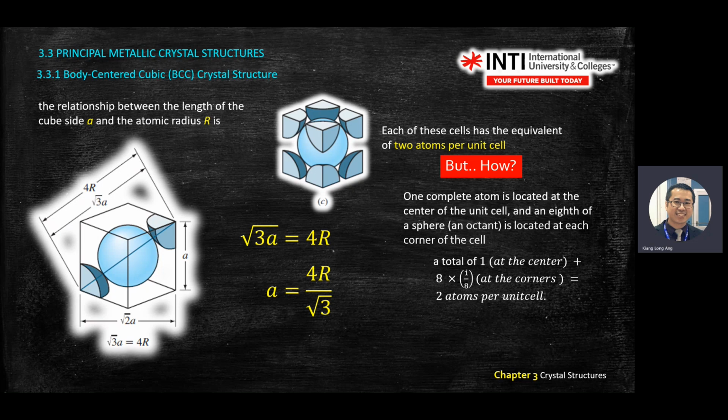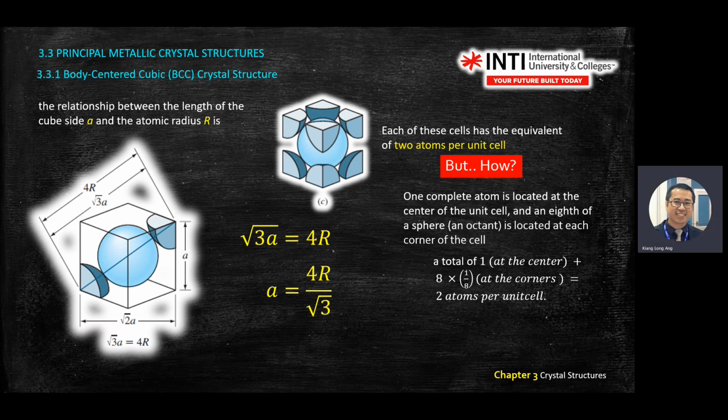You know that this is 4R, right? But before you find 4R, let's say this is X. You have square root 2A, you have A. What is X, this one?